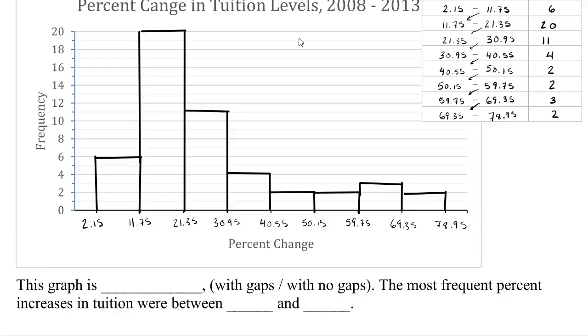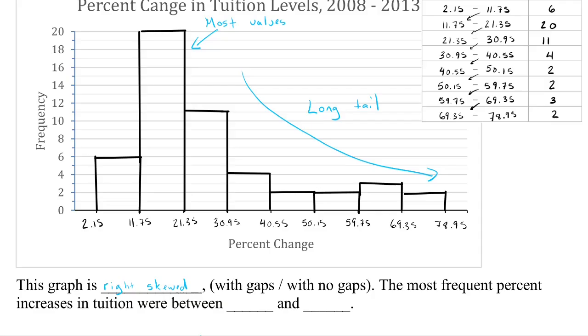Looking at this graph, we see that we have most of the values piled up at this left end. And then we see a long tail going off to the right. And that long tail going off to the right tells us that this graph is right skewed. We don't have any bars with height 0.